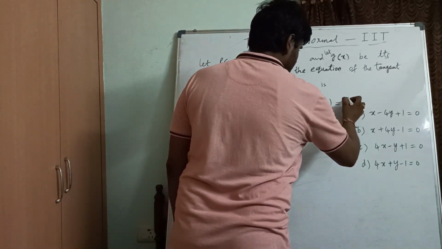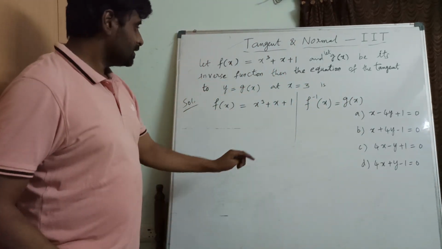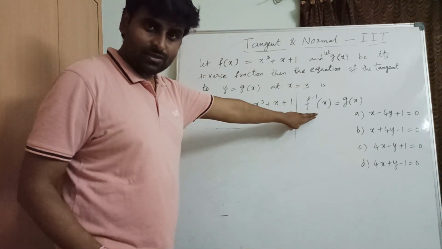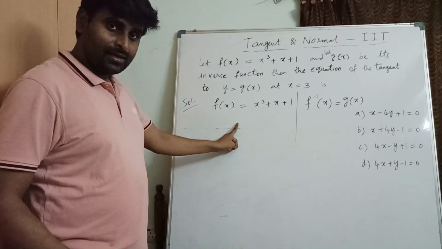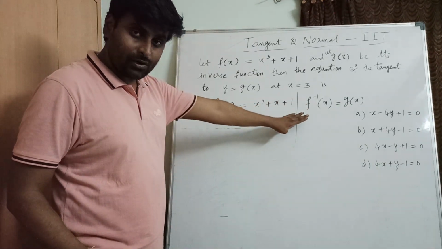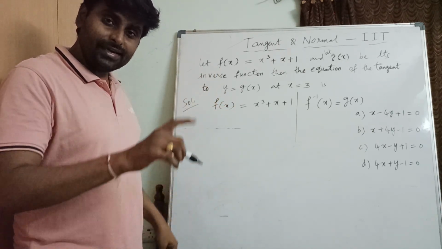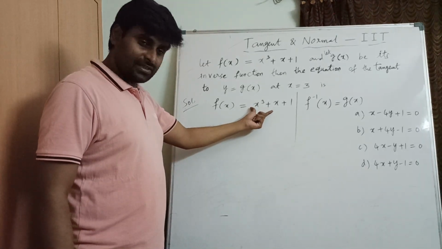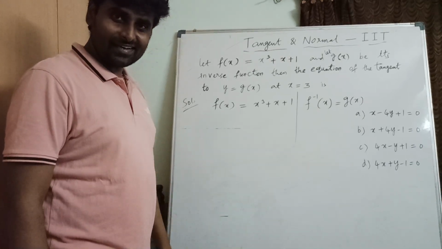So f of x is the main curve and f inverse of x or g of x both mean the same, which is the inverse of this. For that inverse curve only we are going to differentiate and find the equation of tangent. But can I find the inverse for this? Generally finding the inverse for this function will be difficult, correct?